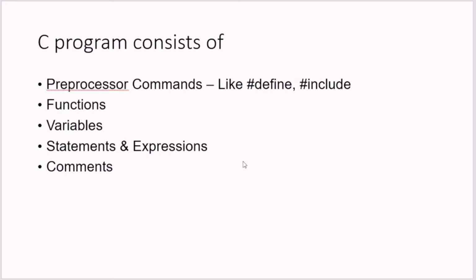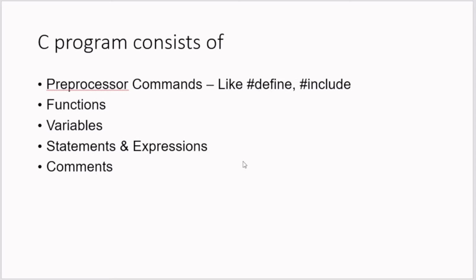All right. So a C program actually consists of five things. First, preprocessor commands like hash define and hash include. These are preprocessor commands, which means that before the compiler gets into your actual program, these are the lines that are called first.